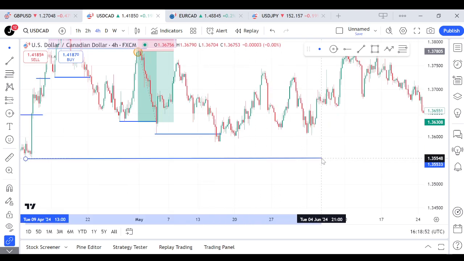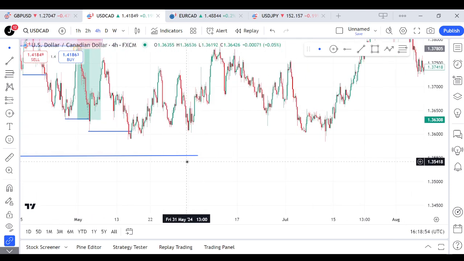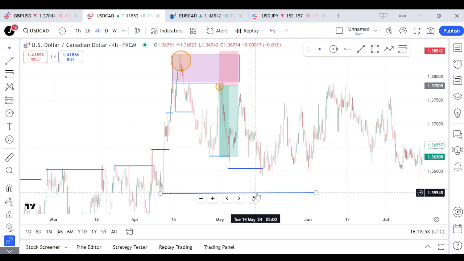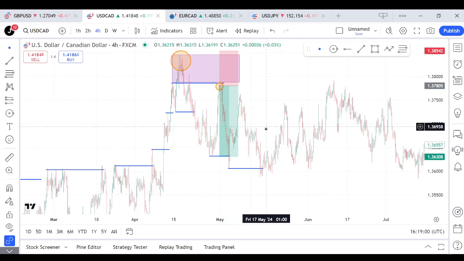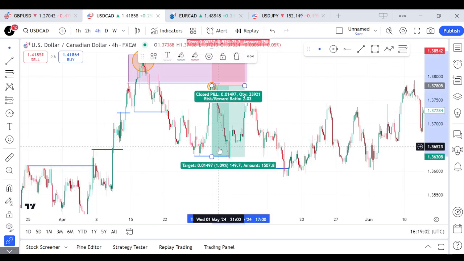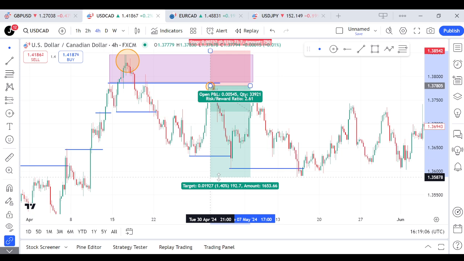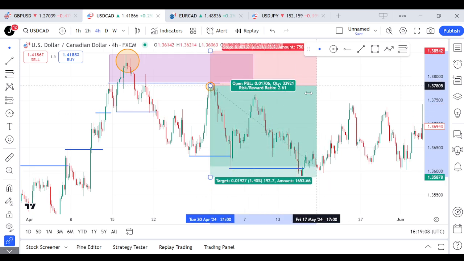That's if you're swinging, you could target that, but the price didn't exactly get to that point. So essentially you target a 1:2 risk to reward, as we already got the 1:2 risk to reward here, or you could target a 1:2.5. I think we got to a 1:2.5 risk to reward.